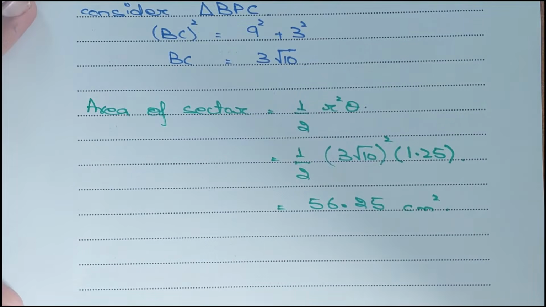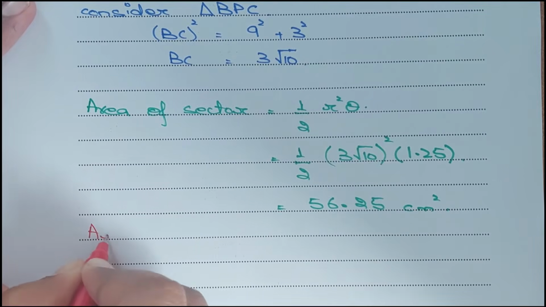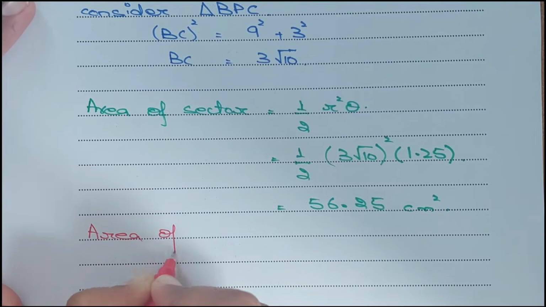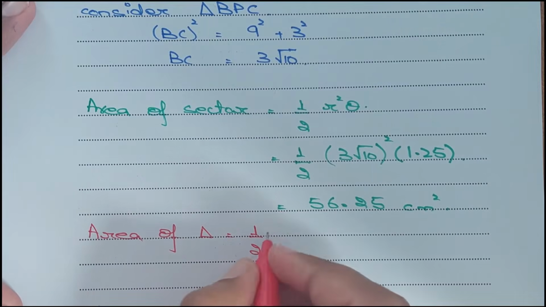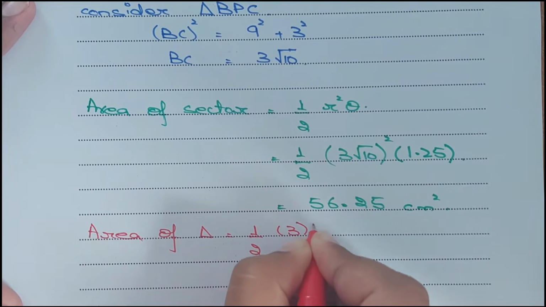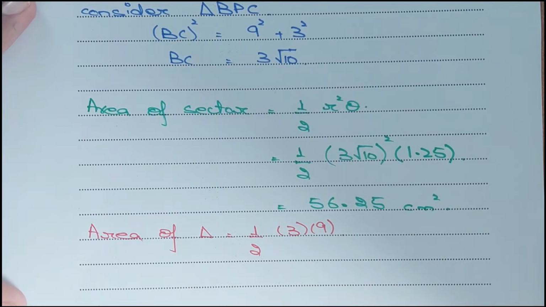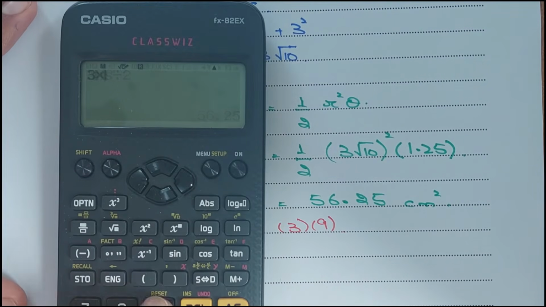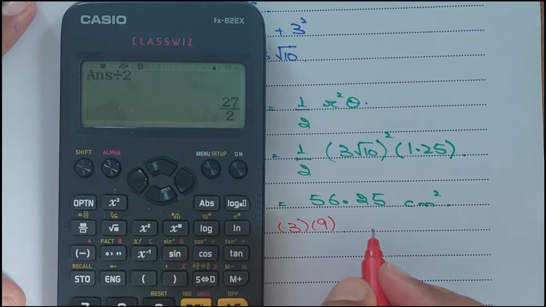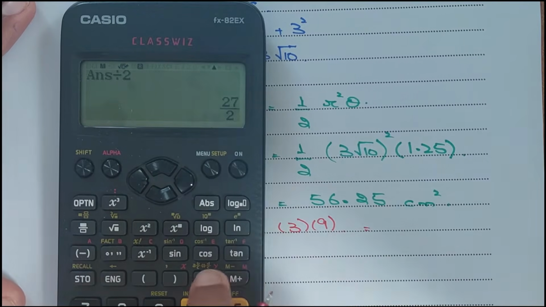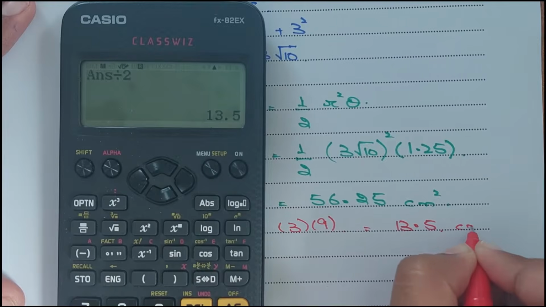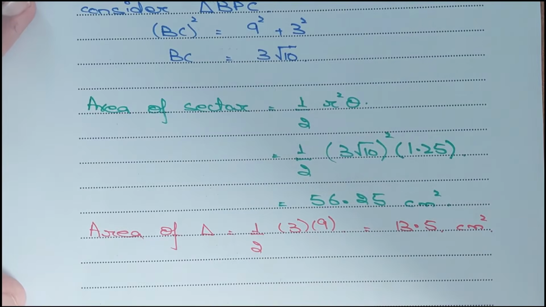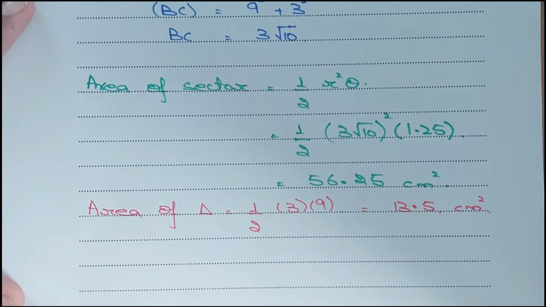The area of a triangle is half base times height, because it is a right angle triangle. The base is 3 and the height is 9, so 3 times 9 divided by 2 is 13.5 centimeters squared. Now let's find the shaded area.